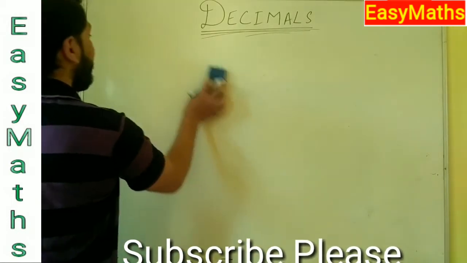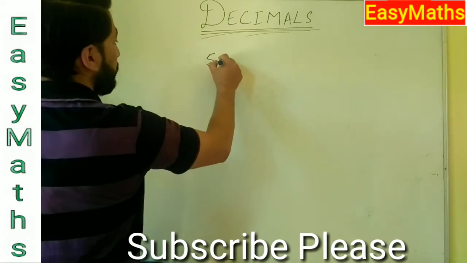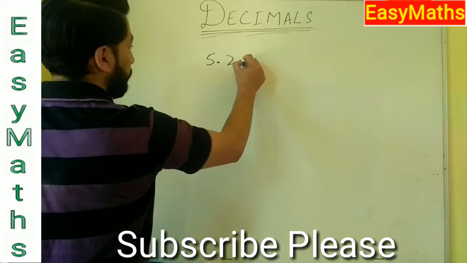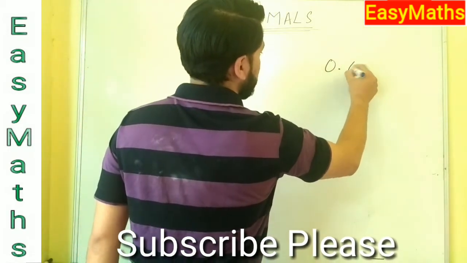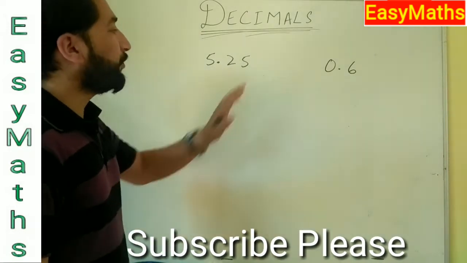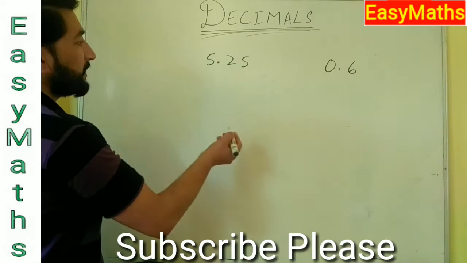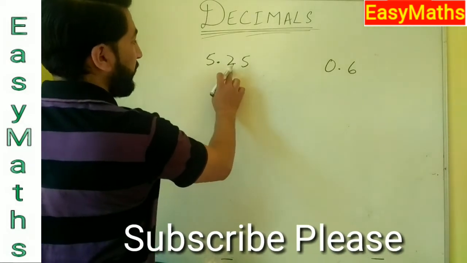Now students, if we have decimal numbers, suppose 5.25 and 0.6, we have to convert these decimal numbers into fractions. How do we convert these numbers? First we check the digits, that is 5, then 2, then 5.